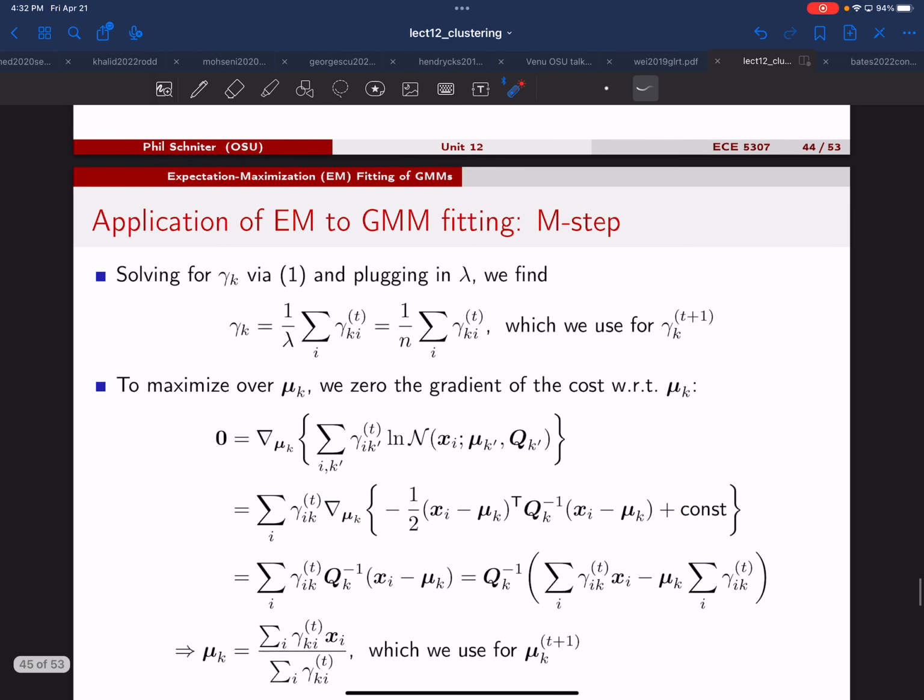This is something I know you guys have seen in some homeworks. A shortcut with vector calculus: whenever you have something like A transpose C A, and you want to take the gradient of this with respect to A, always remember that this is just 2CA.